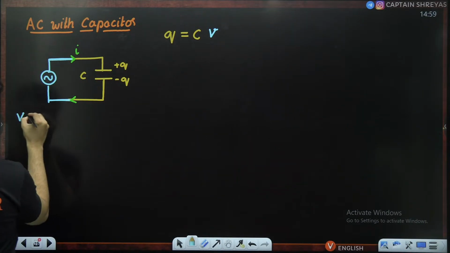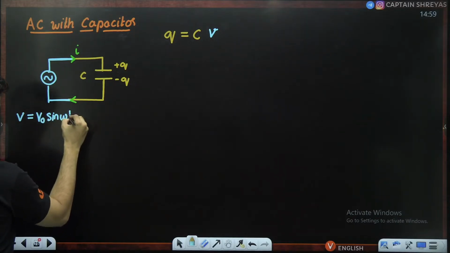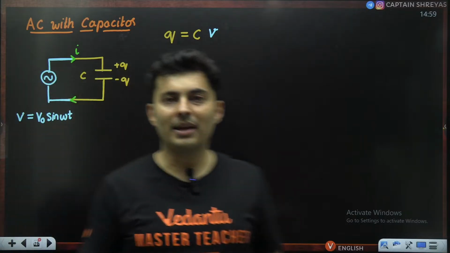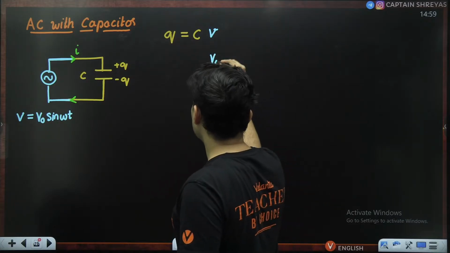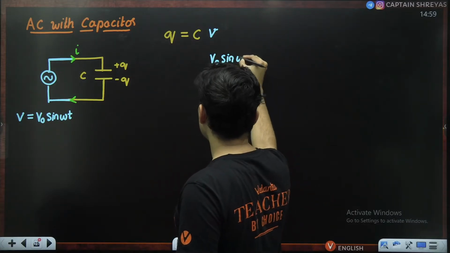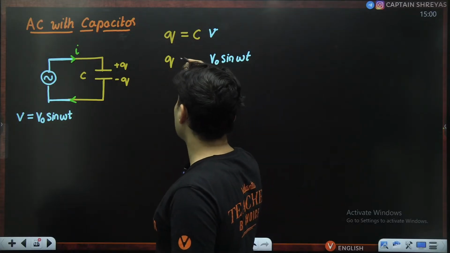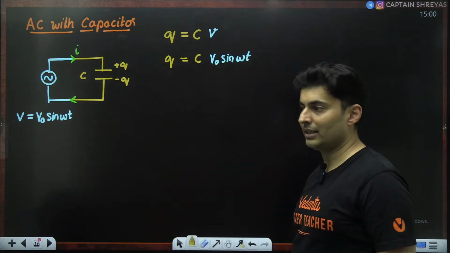And let's say the voltage just happens to be V naught sine omega t. V is equal to V naught sine omega t. So substituting the value of voltage, the charge is capacitance into V naught sine omega t.